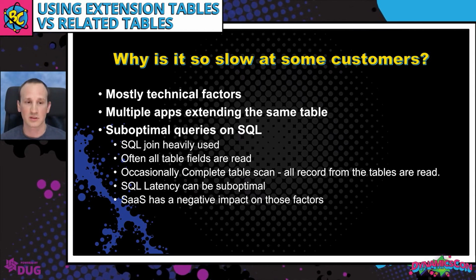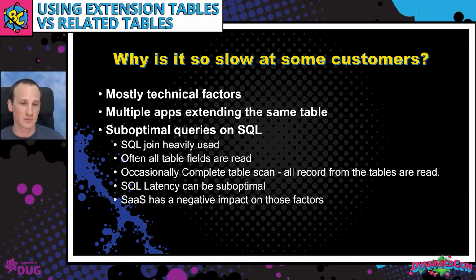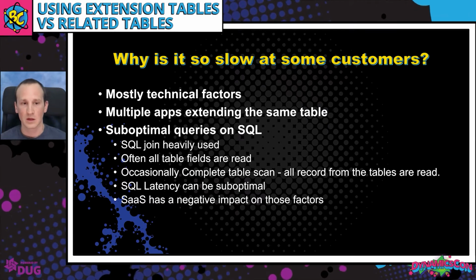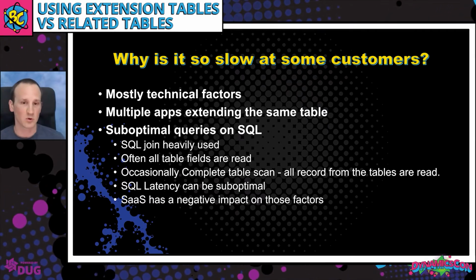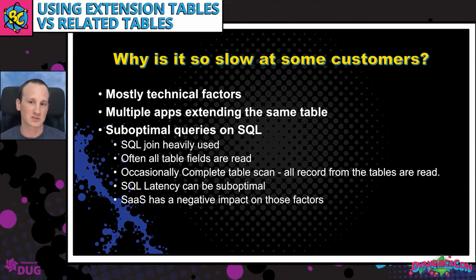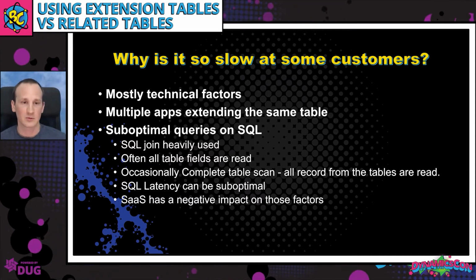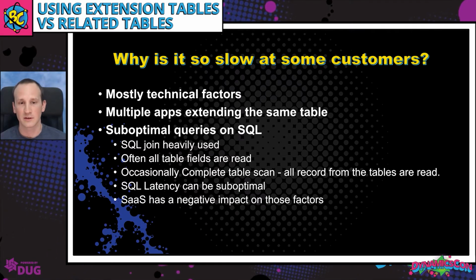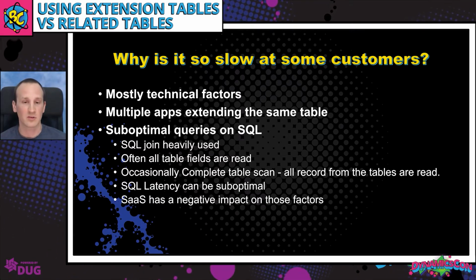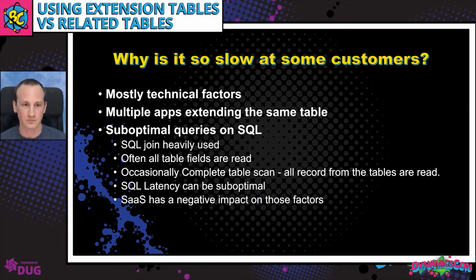Pretty often it can happen that all of the table fields are read, and occasionally a complete table scan is performed, meaning all of the records from the tables are read. And when all of the fields and records from tables are read, that can have a negative impact on performance.